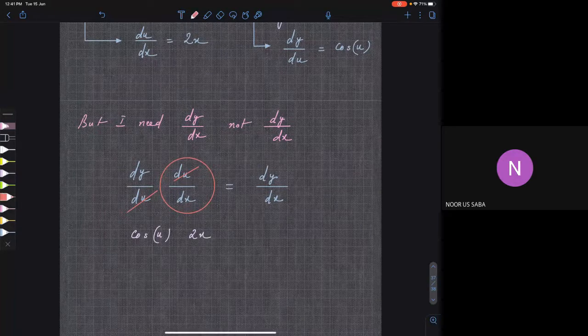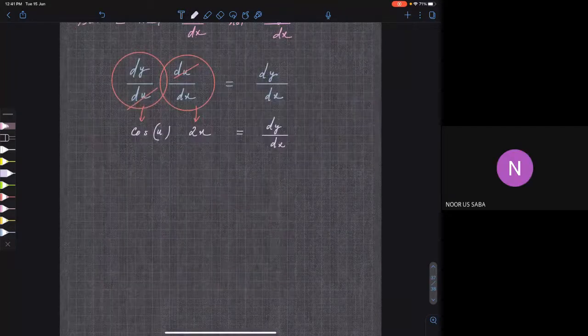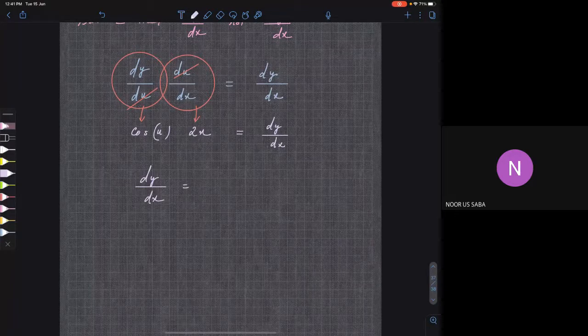So this I'm writing this and this I'm writing this. Any problem? No, sir. Equal to what? dy by dx. That is what I'm trying to find. Okay, fine. Now the thing is, dy by dx is equal to cos u.